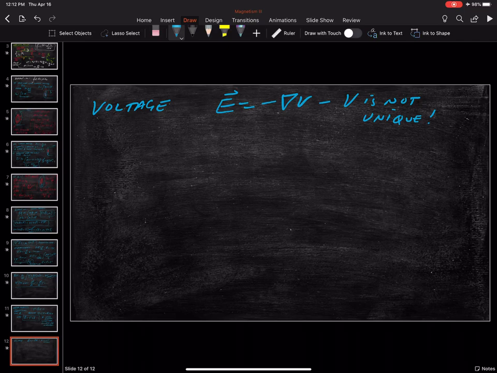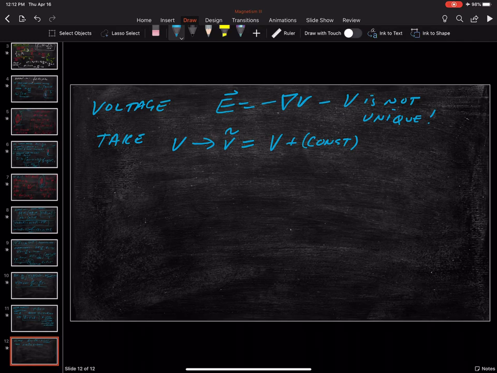Well, suppose I take V and I change it to some V twiddle, just something different, which is my old V plus a constant. So I just shift my voltage by a constant.